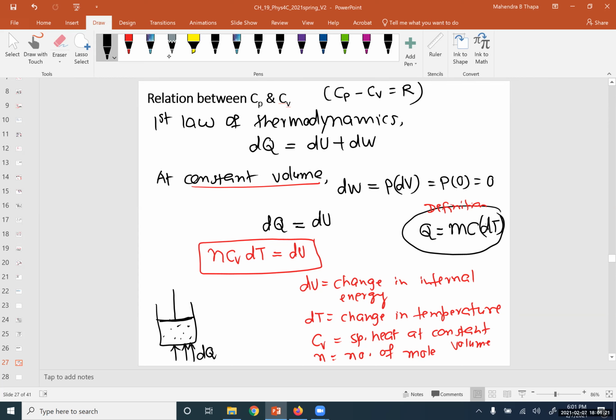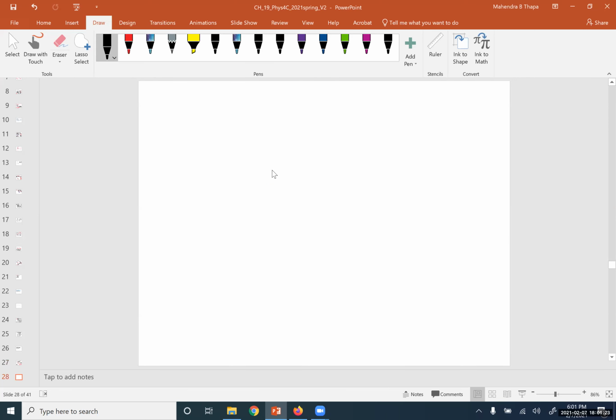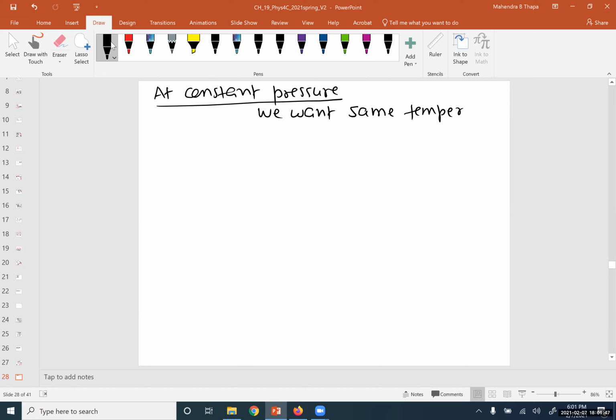Now let's start at constant pressure, but we want the same temperature change dT.